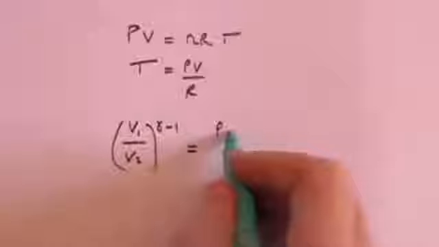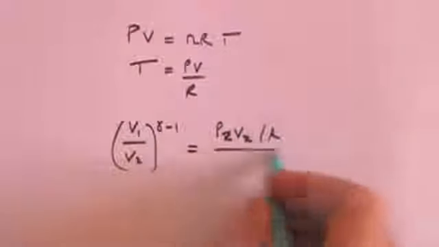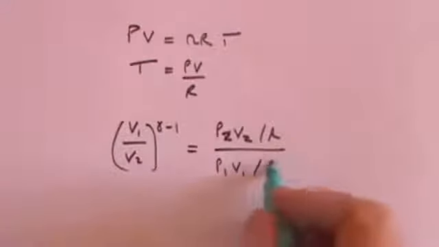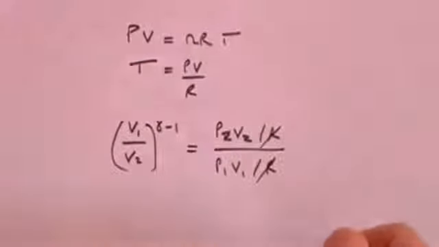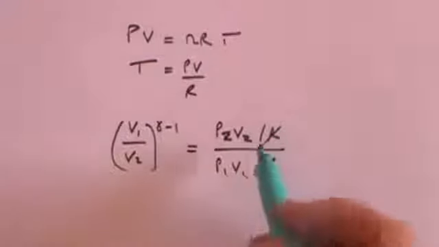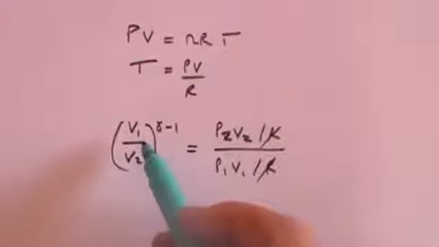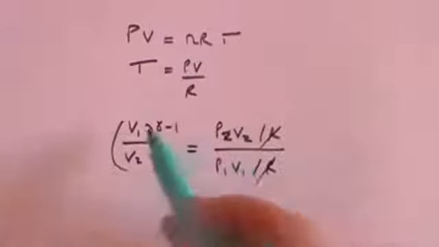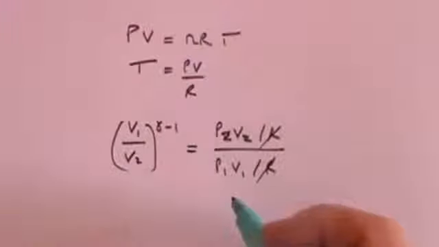Well, T2 is P2 V2 over R, divided by T1, which is P1 V1 over R. The R's are going to cancel, and the V2 over V1 is going to reduce this term by 1. If you take V2 over here and V1 over here, you just get V1 over V2 to the power gamma.